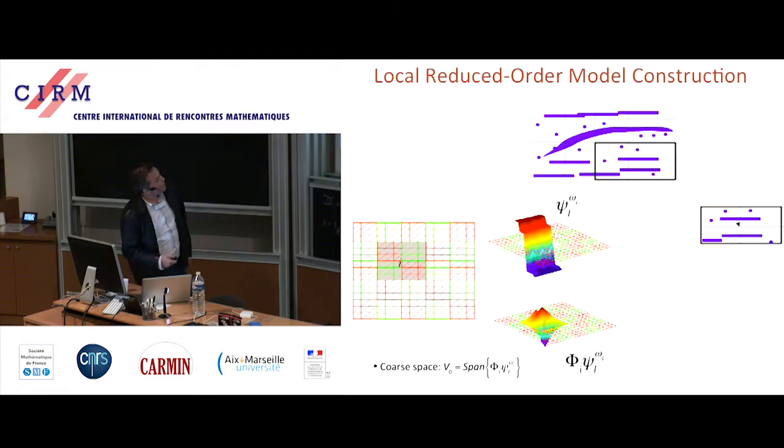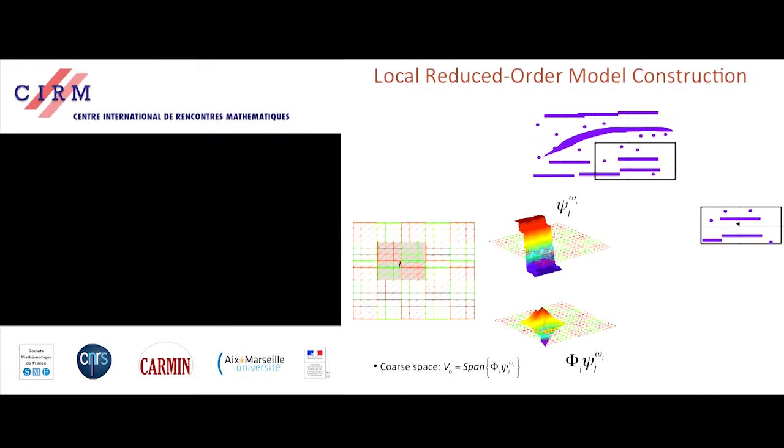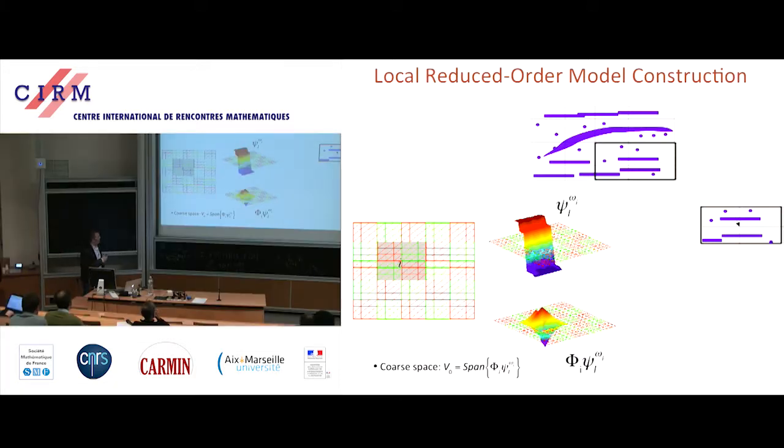And once we have these local eigenfunctions, we multiply each of them with a partition of unity function that we use to describe the method, and this is a set of basis functions that we use to span the global problem. So what we end up getting is not only one basis function per degree of freedom, but as many basis functions as we need to capture all the small coefficients that are in the system.